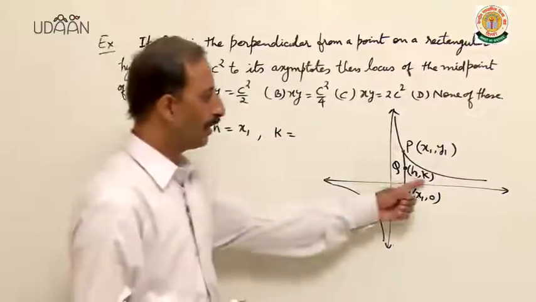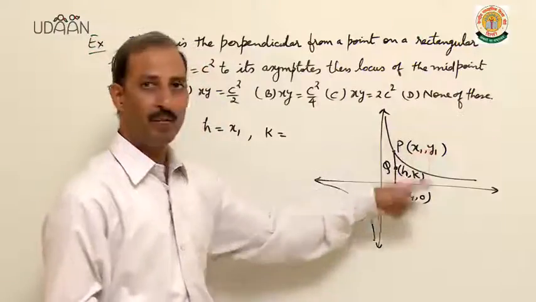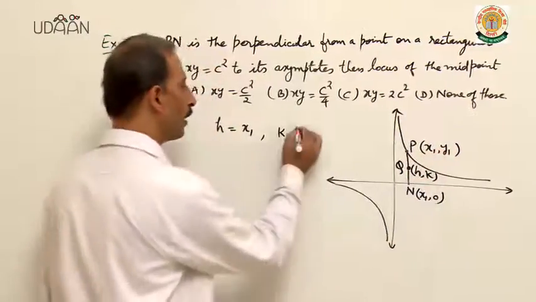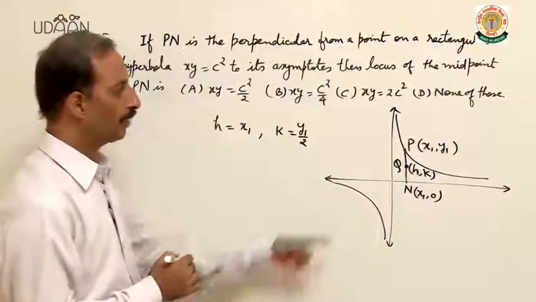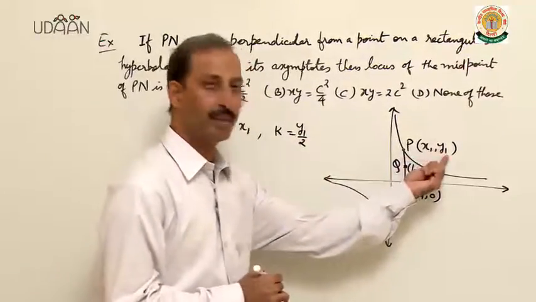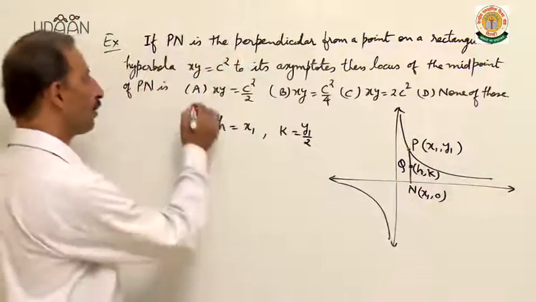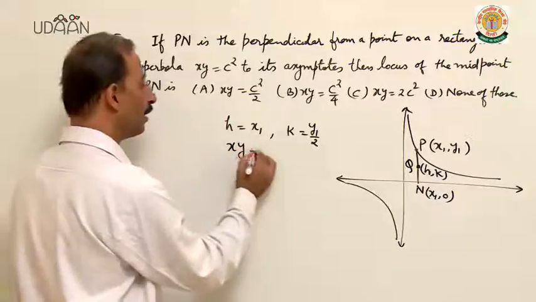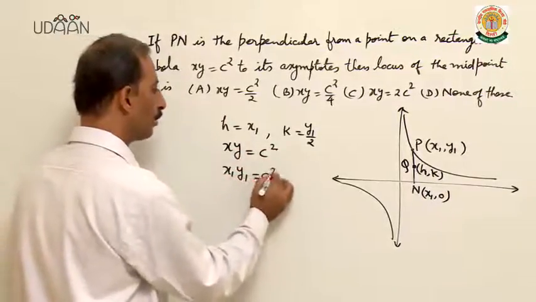The k coordinate will be the midpoint of N and P. So k you can find as y1 plus 0 upon 2, that is y1 upon 2. Now children, x1, y1 is a point on the rectangular hyperbola, so it will satisfy the equation of the rectangular hyperbola, xy is equal to c square. It becomes x1 y1 is equal to c square.